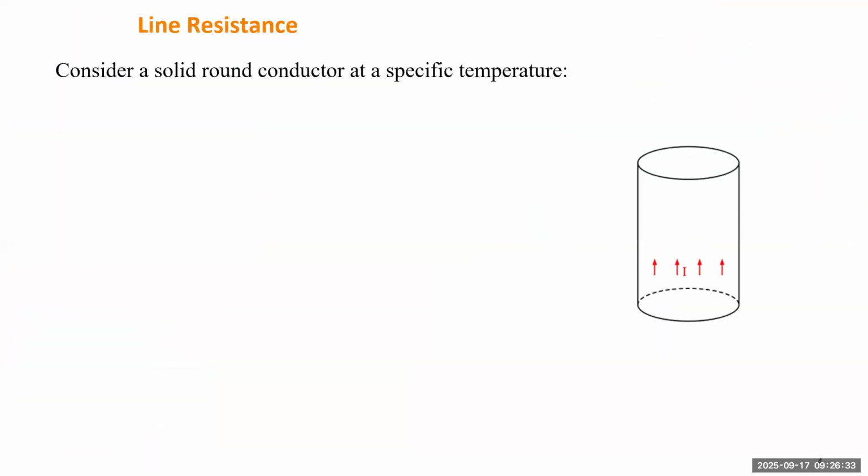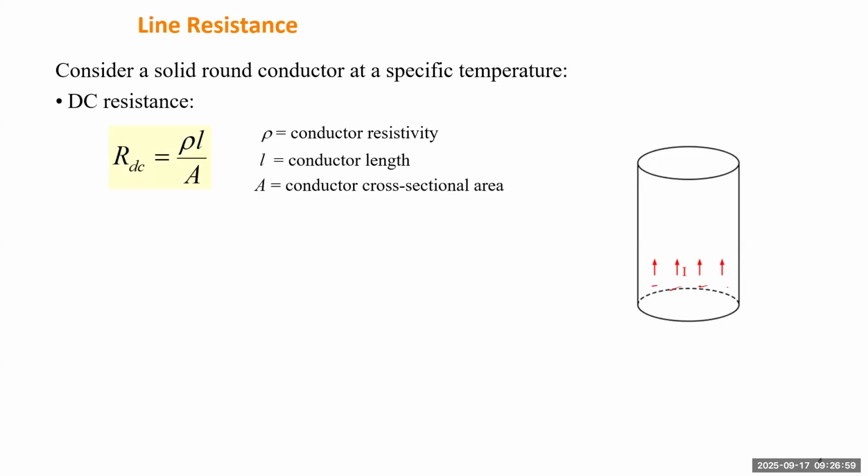So next we talk about the line resistance. We can consider a solid round conductor at a certain temperature. If you give it some direct current, the direct current will be uniformly distributed across the conductor. So if the total current is I, the density of current everywhere will be the same. Then you can measure the resistance.